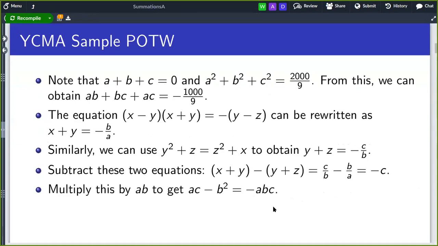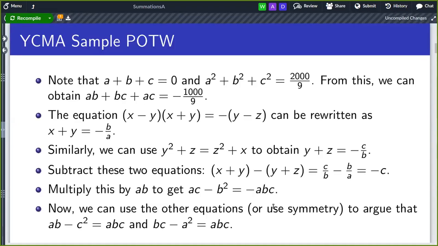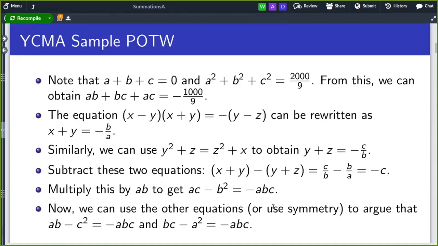If we did this with the other pairs of equations, like subtracting x plus z from y plus z, then we can get two other similar equations: ab minus c squared equals negative abc, and bc minus a squared equals negative abc.